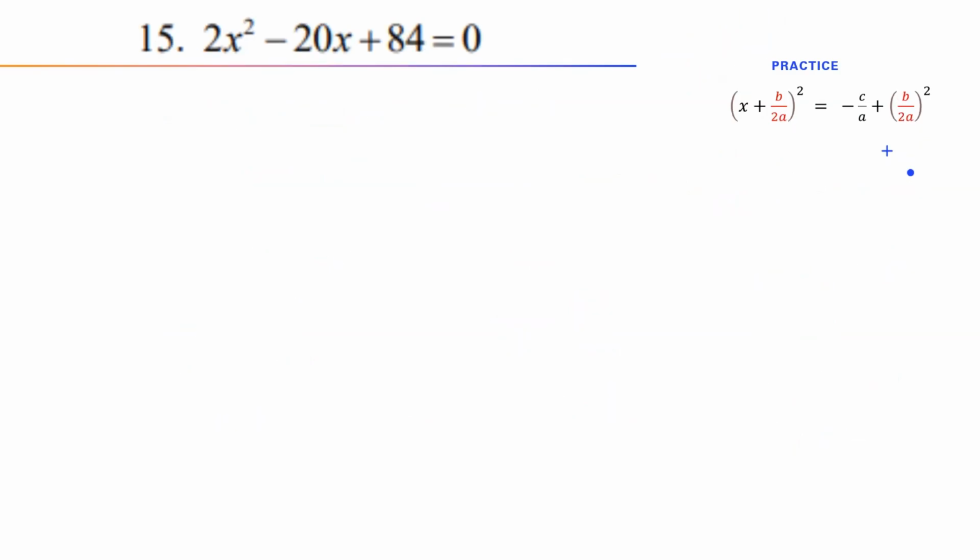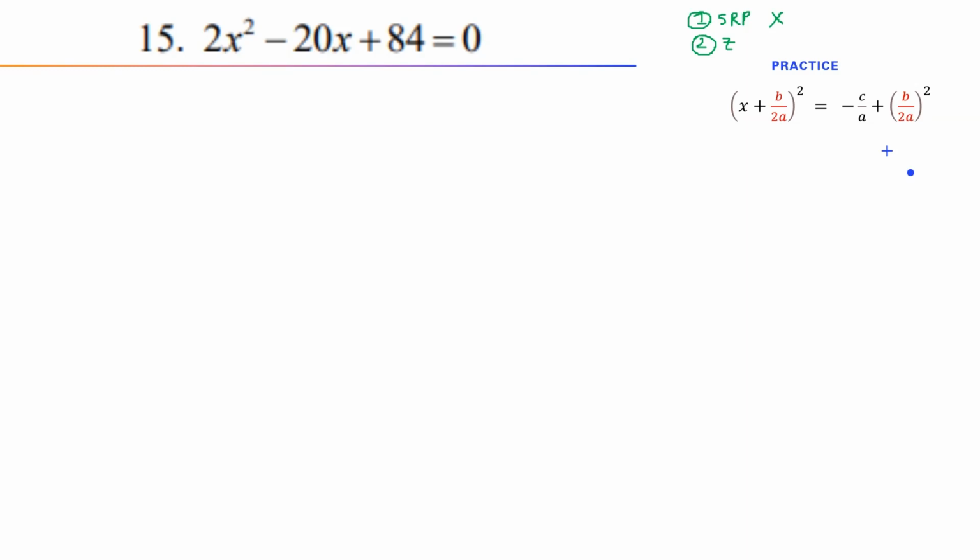Okay, number 15. We check for the first method, square root property. Nope.